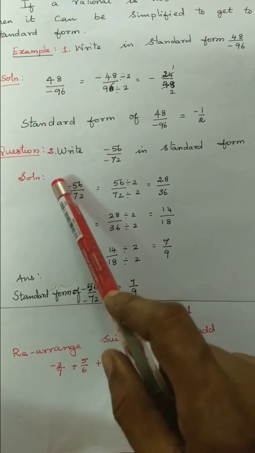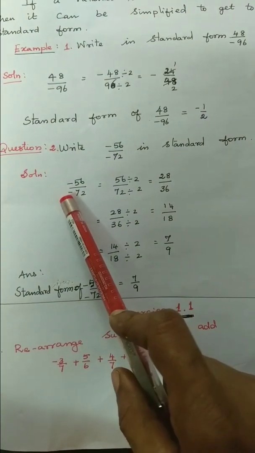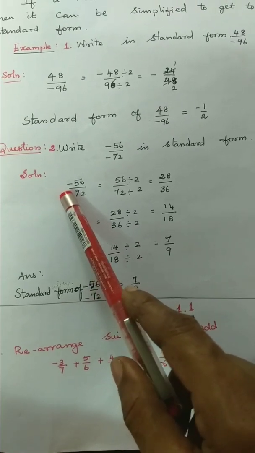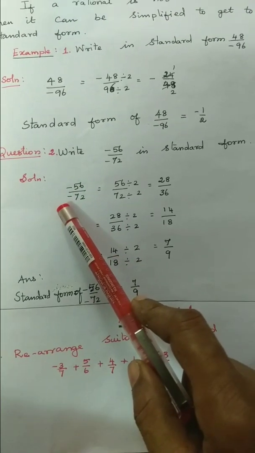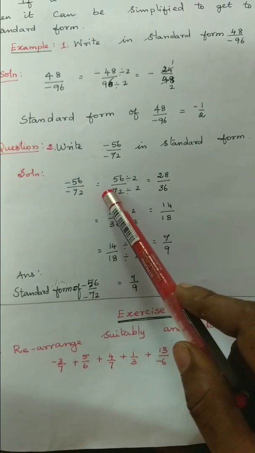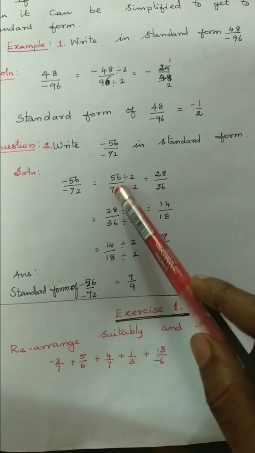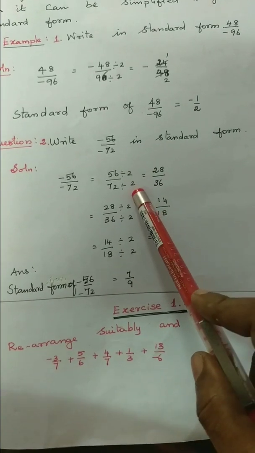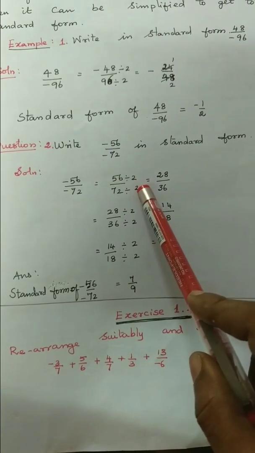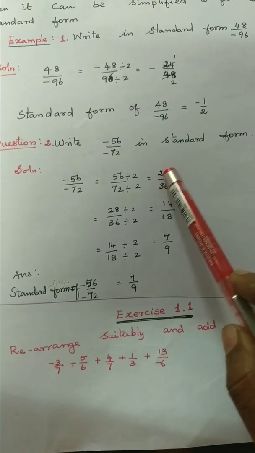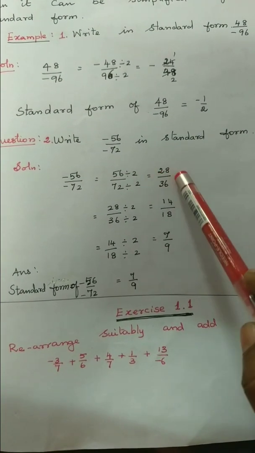Minus 56 by minus 72, here both a and b are negative. So minus and minus becomes plus here, division. So 56 by 72. These two can divide by 2. So I am dividing. Then the numerator is 28 and the denominator is 36.